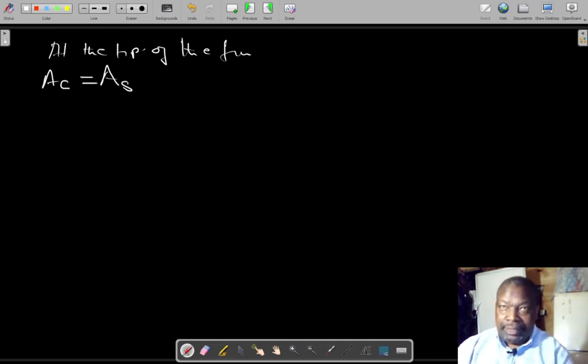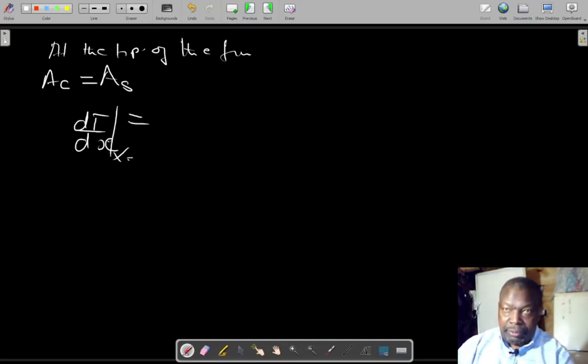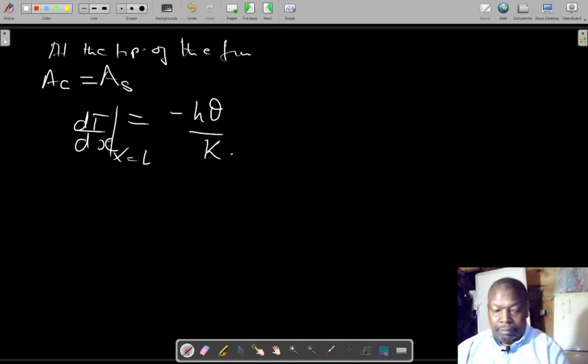So if that is the case, it means that the A's cancel out. We are left with dT/dx at x equals L being equal to minus h theta divided by k.